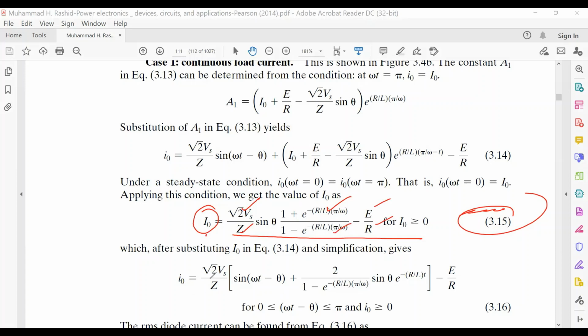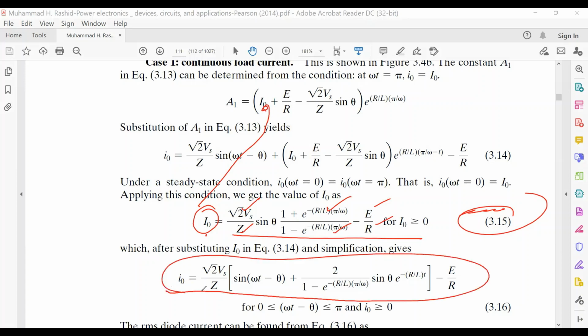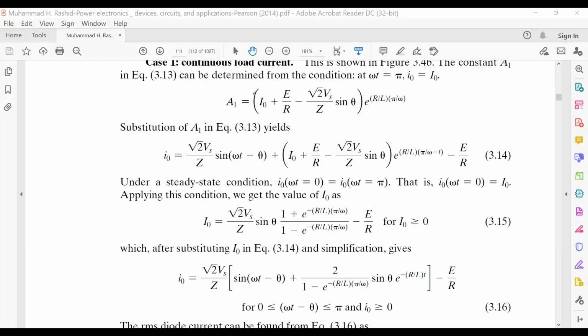And with that, you again substitute this I0 here, then you will get the general expression of your I. So I told you, you don't need to do it, just look at it, because in practical life you have to do this kind of thing. But in your exam, if you need to do it, you will have a problem. You understand what I say?